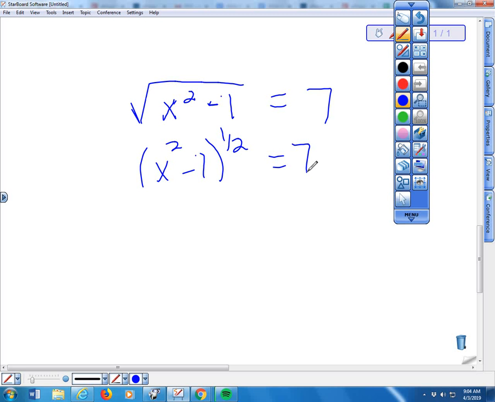So my strategy has been to square both sides to solve it, because by squaring it, I'm undoing the square root. When I square this, what do I do to exponents when I raise it to an exponent? Multiply. And what's 2 times 1/2? 1. That's why the root disappears.